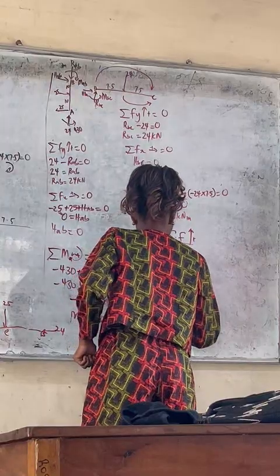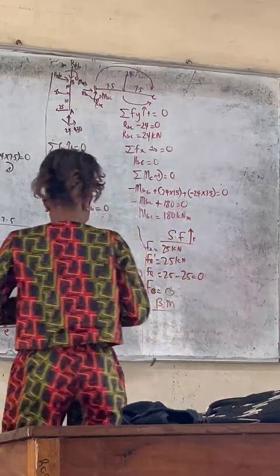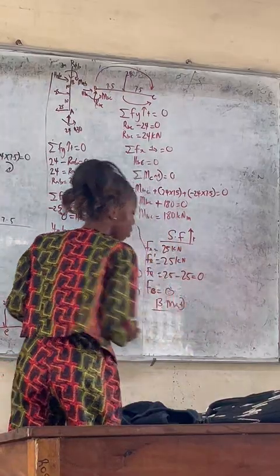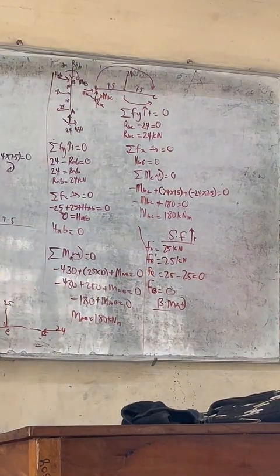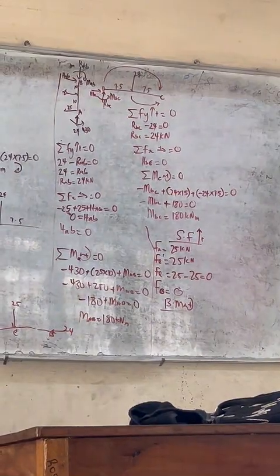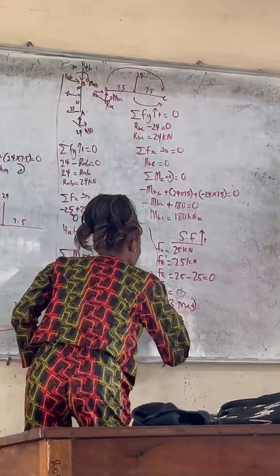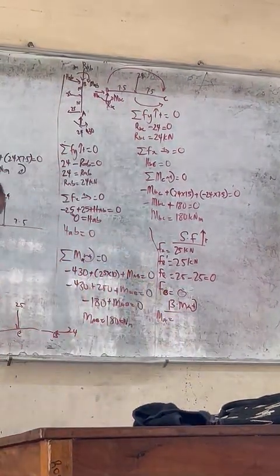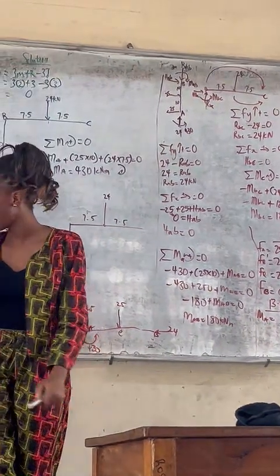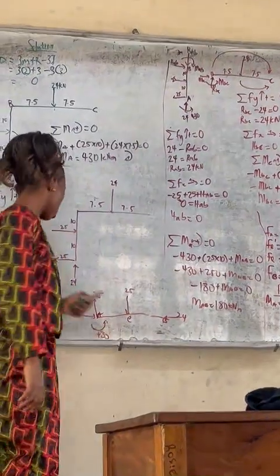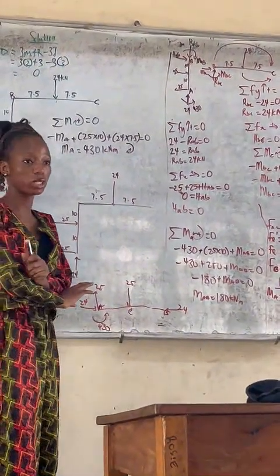Bending moment. For the bending moment, we start with MA. At MA, what do we have? We have a moment at MA, as if it was probably a roller or a pin support. Our first moment was 0.